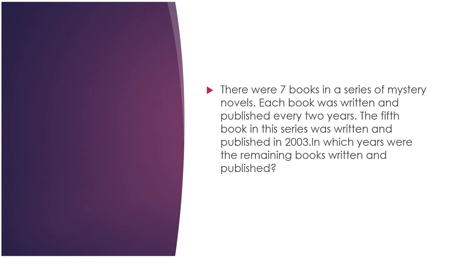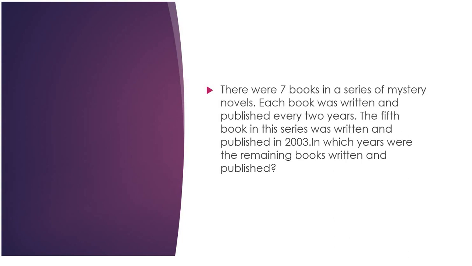What would be the relationship between the numbers? Published every 2 years, so increase by 2 years, right? The 5th book in this series was written and published in 2003. We only know the 5th term of our number sequence, right?